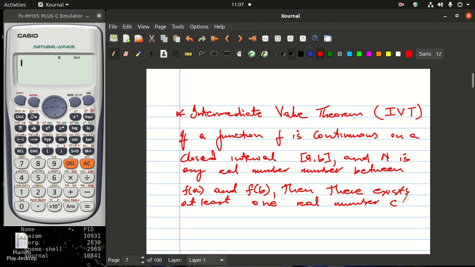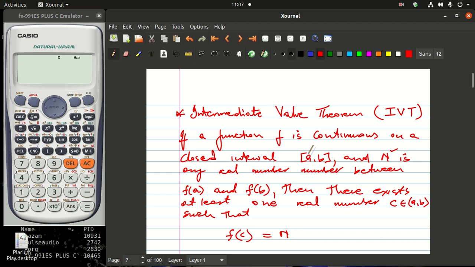This c here is in between a and b. So there exists a real number that is between a and b, such that when I take f and plug in this value c here, I get the n, which is this n here.